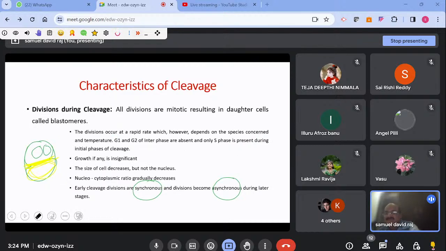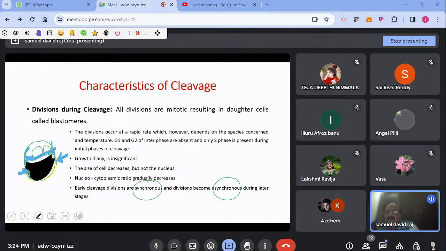Now what happens? This entire thing is said to be filled with yolk. So constriction cannot happen at this place because there is yolk. The actin filament cannot pull the plasma membrane where there is a large amount of yolk. So the constriction moves to the other side where there is less amount of yolk, and here it takes place.